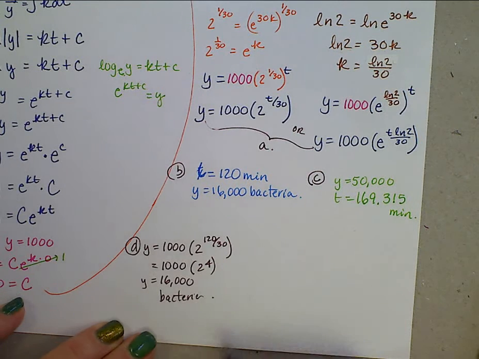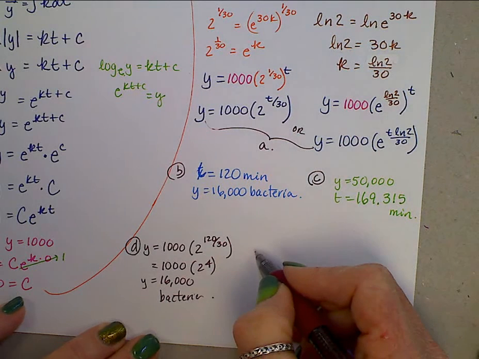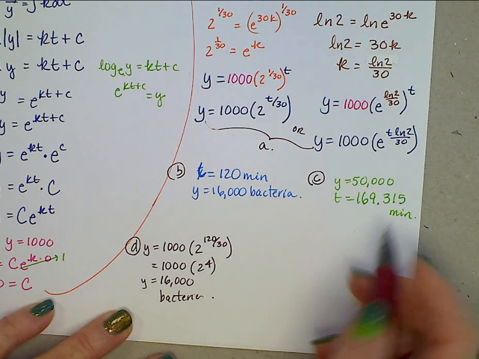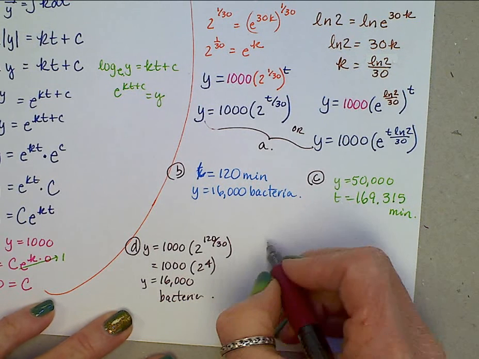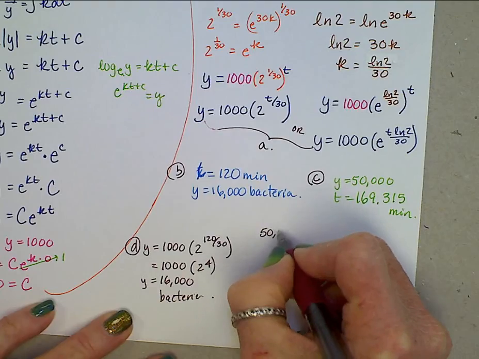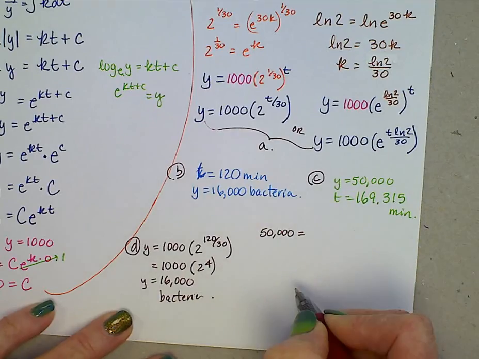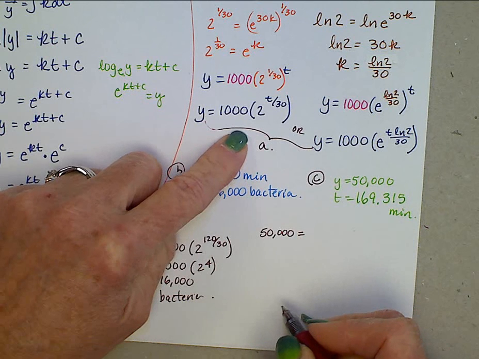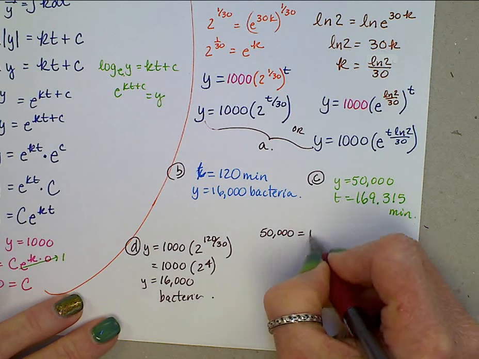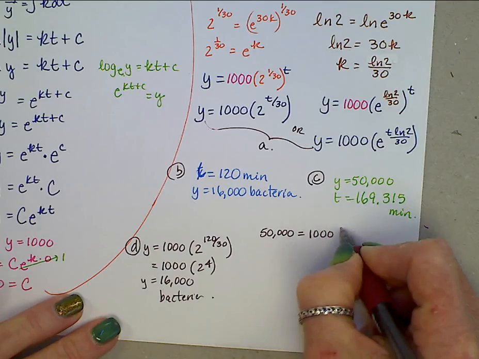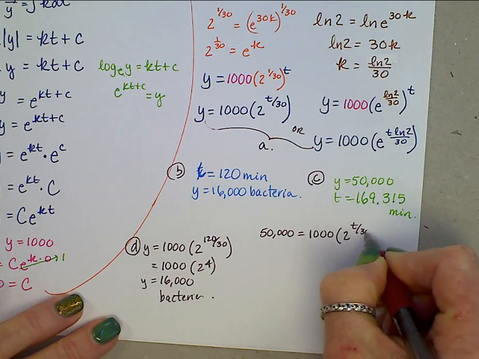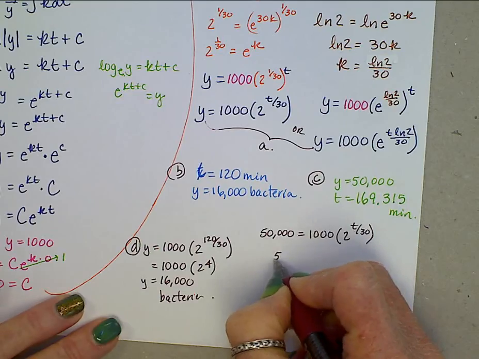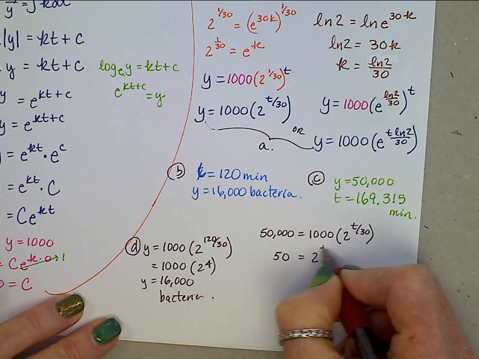For the second part of D, where we're confirming the 50,000 bacteria is at 169.315 minutes, we'll set 50,000 equal to, now again, I think this first one's much easier to solve, so I'm using this one. 1,000 times 2 to the T over 30. Divide out the 1,000. 50 is 2 to the T over 30.